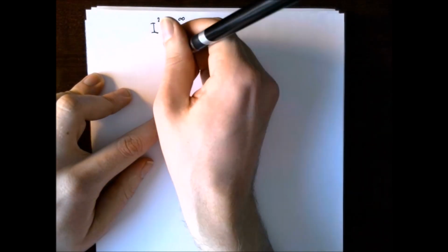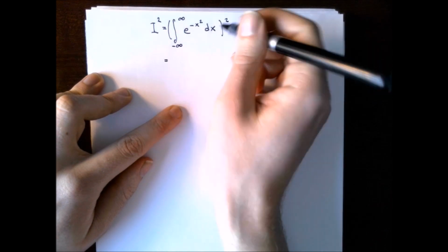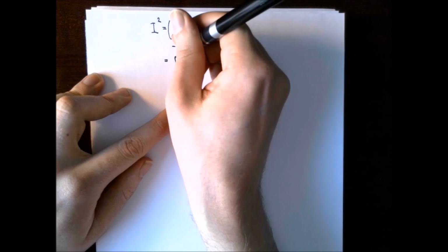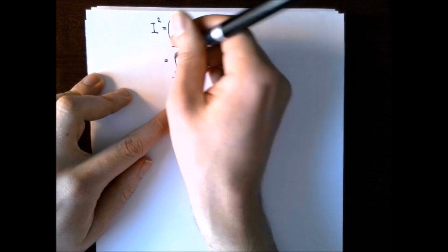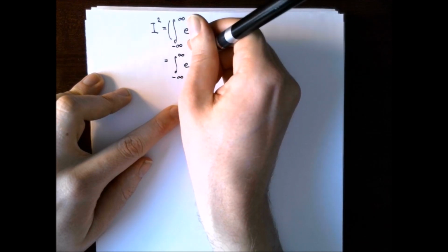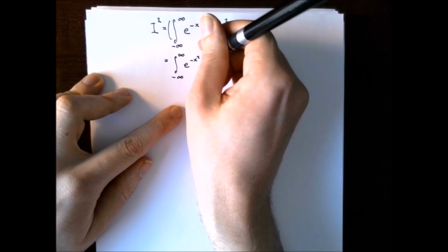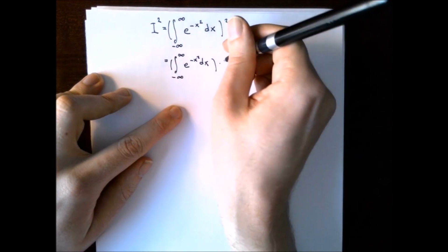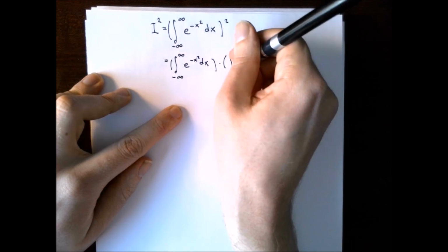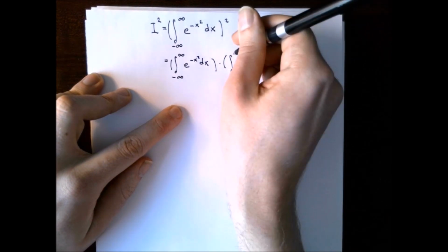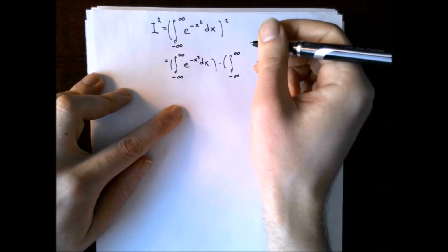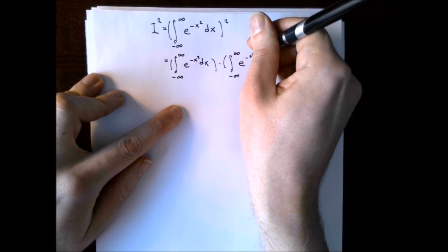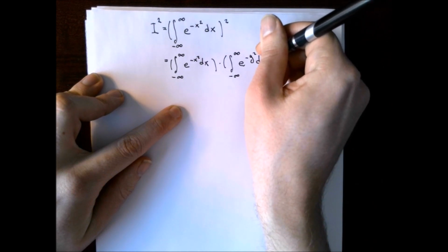Now we can write the right hand side as the integral from minus infinity to infinity e to the minus x squared dx times the integral from minus infinity to infinity e to the minus y squared dy.